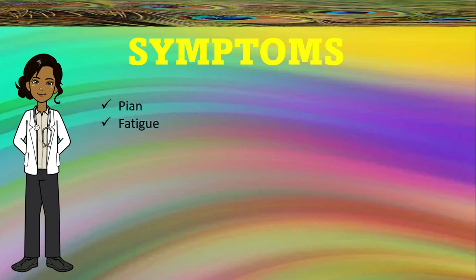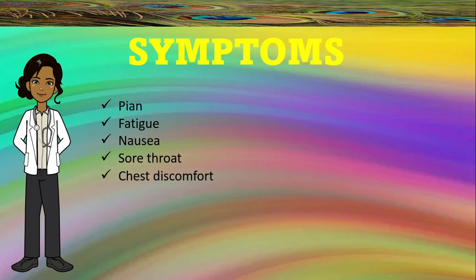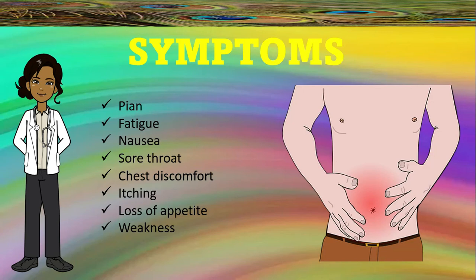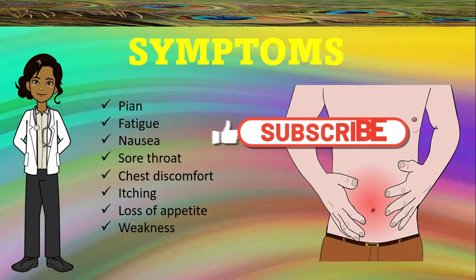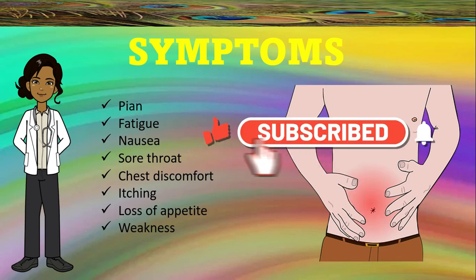Fatigue, constant fatigue, nausea, sore throat, chest discomfort, itching, loss of appetite, and this is unexplained loss of appetite over a period of time, weakness, and of course, we all can relate to the pain in our tummy, back, muscle, wherever, head, pain.